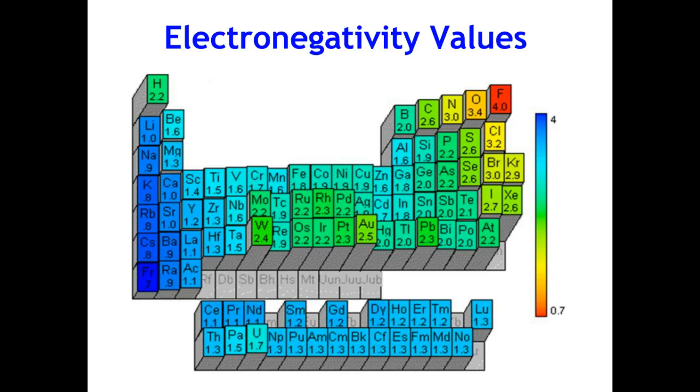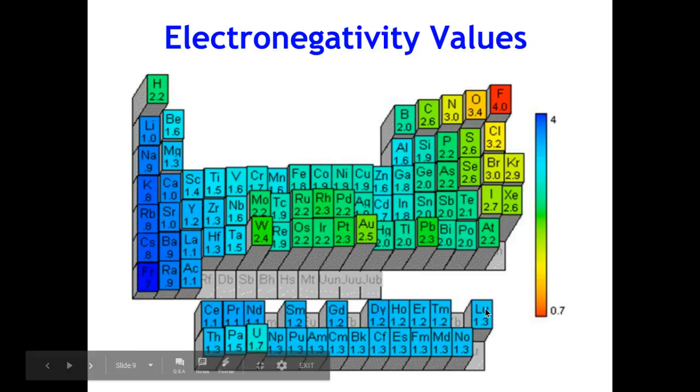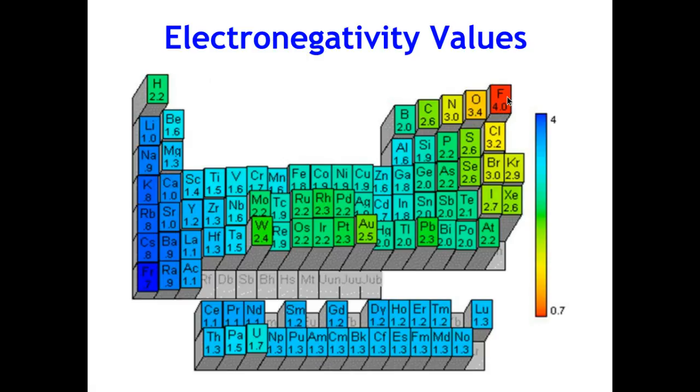So let's look at these values. Going from left to right, we have an increase in electronegativity, and going top to bottom, we have a decrease of electronegativity. So the atom with the most electronegativity is fluorine. Then a close second and third place is oxygen, chlorine, then nitrogen, and so on.